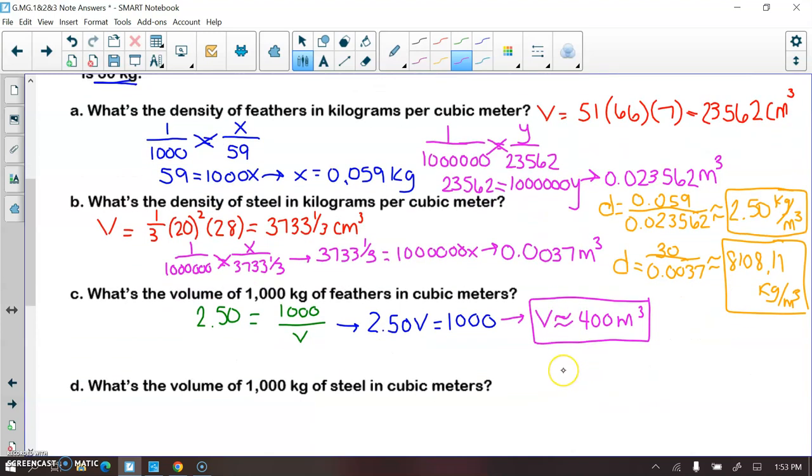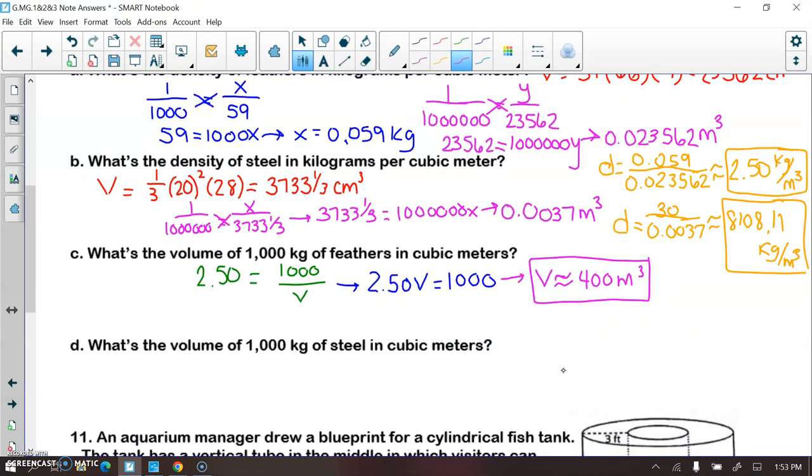And then what's the volume of 1,000 kilograms of steel in cubic meters? Same thing, I'm going to take my density of the steel, and I'm going to set it equal to 1,000 kilograms of steel over the volume.